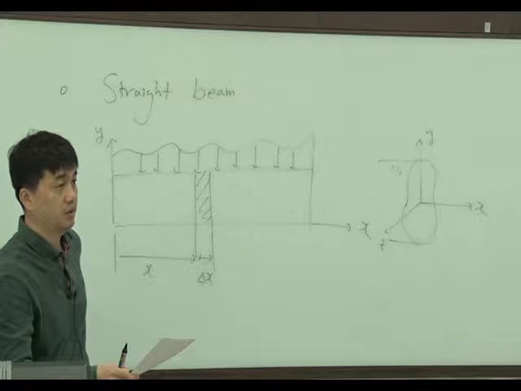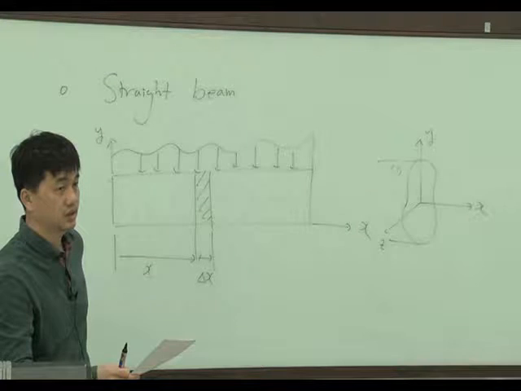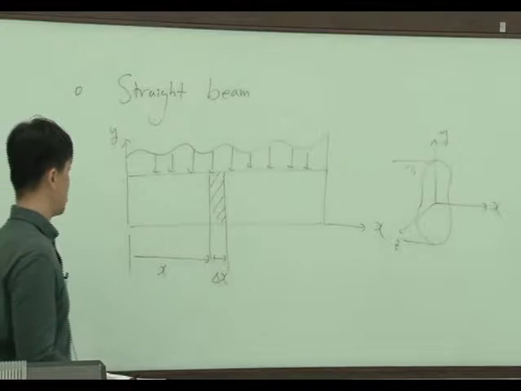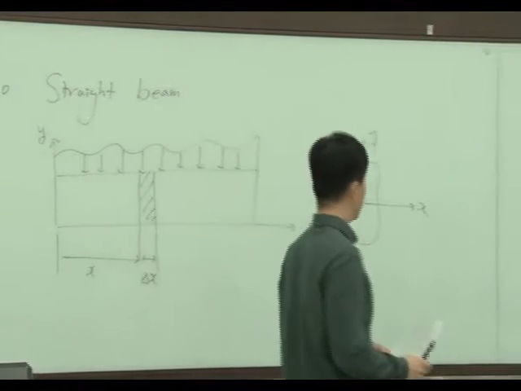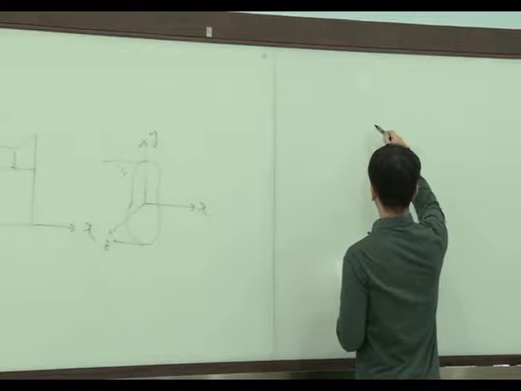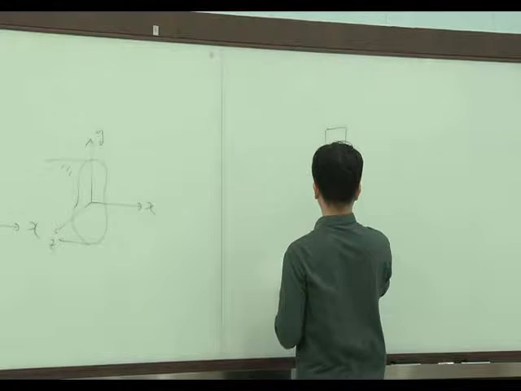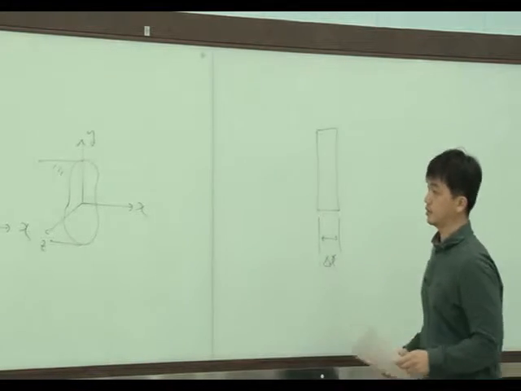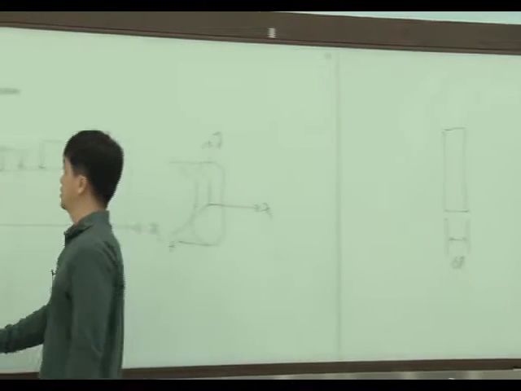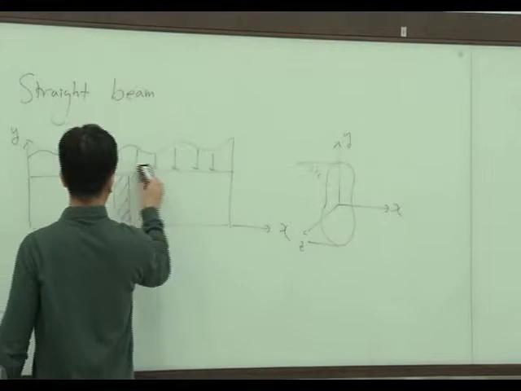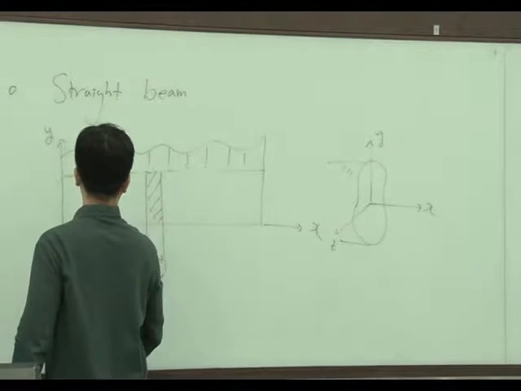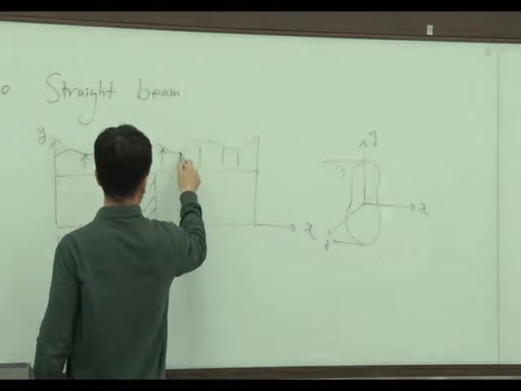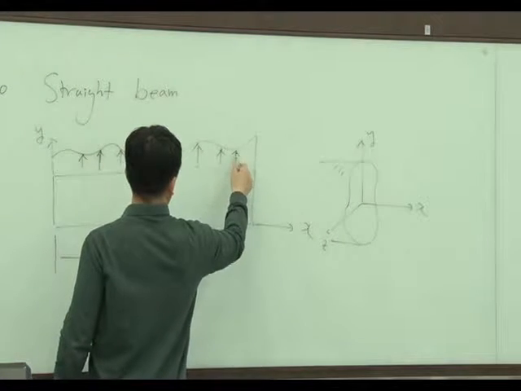A prismatic beam has a constant cross-section along the beam length. And let's consider over there the shaded part of the beam, delta x. Okay, so let's consider the applied distributed loading in the y direction.